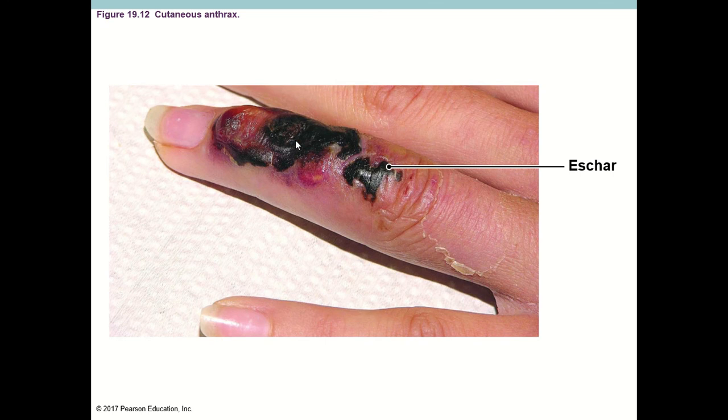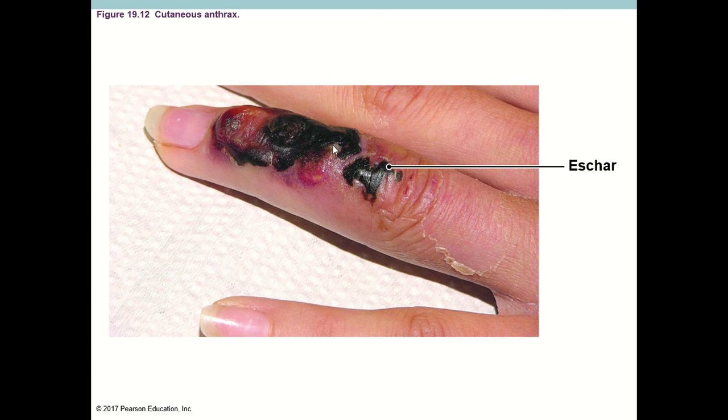Okay, so we're looking at a disease here caused by anthrax. This is cutaneous anthrax, which causes these very dark lesions and bumps, for that matter, on the skin. Cutaneous means skin. So this is basically one way in which one can get infected with Bacillus anthracis.